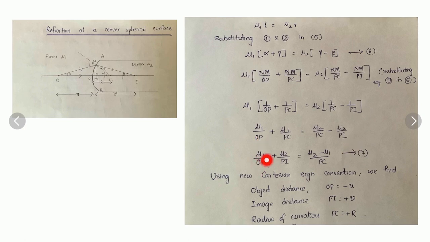So now mu 1 by OP, then mu 2 by Pi, this term I will take to the left side. Here it is minus, when it comes to the left side it becomes plus.